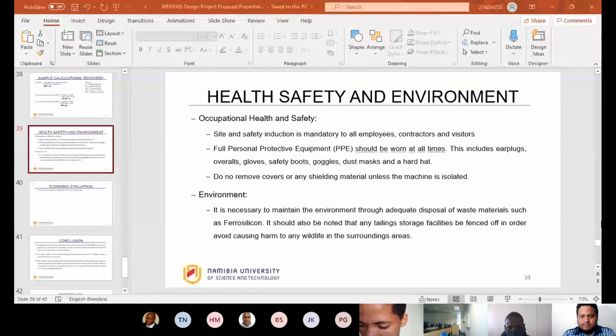So the environmental aspect is very important and should be put at the back of our mind as we continue with our operation.